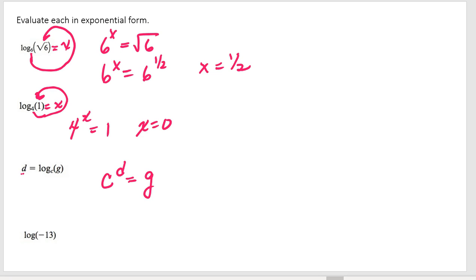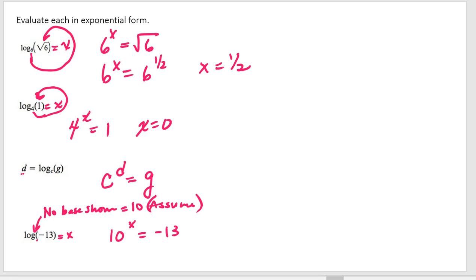Okay? And then last, so this one we could say the base on a log is always 10. If it doesn't show one, it's 10. So if you have no base shown, it's 10. That's the most common base, base 10. So 10 raised to x is equal to -13.